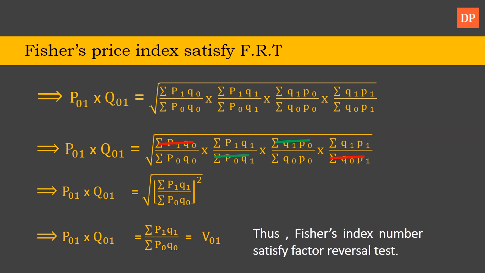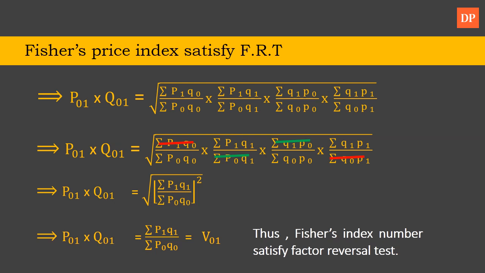After substituting the values for P01 and Q01, we will try to cancel out the common factors. After cancelling these common factors, we are left with some values which cannot be cancelled out. They can be put like this: square root of summation P1 Q1 divided by summation P0 Q0 whole square.